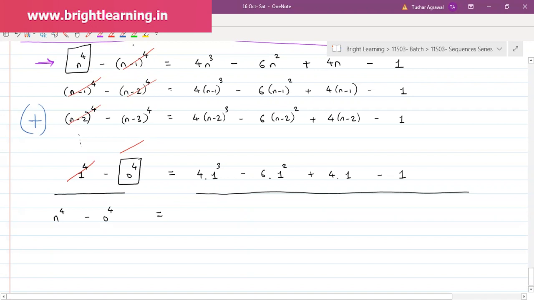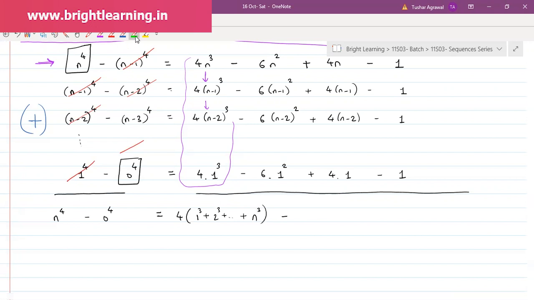And on the RHS, sir, if I do this vertical addition, the purple group is my target, which I want to find out. That is my answer. 4 is common: 1 cube plus 2 cube and so on up to n cube, which is my target.